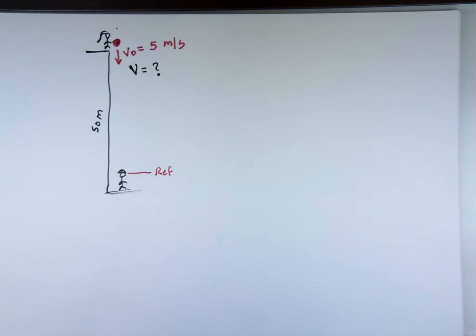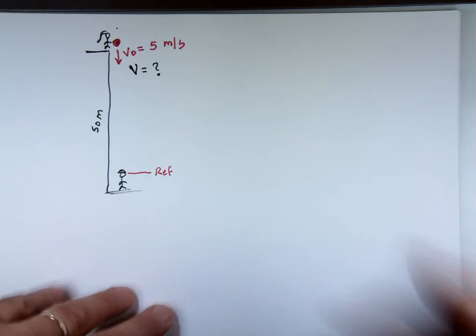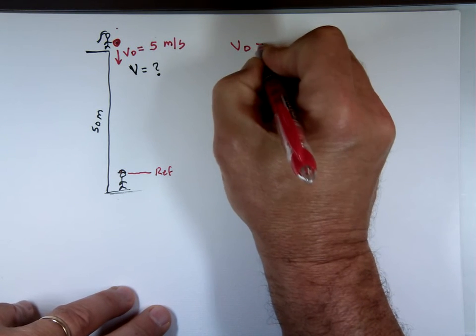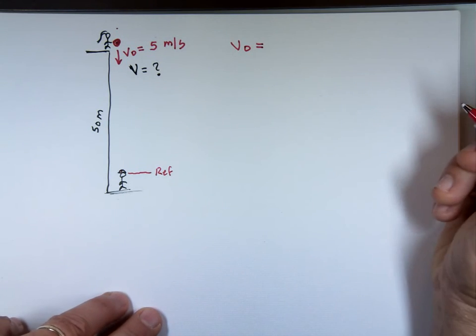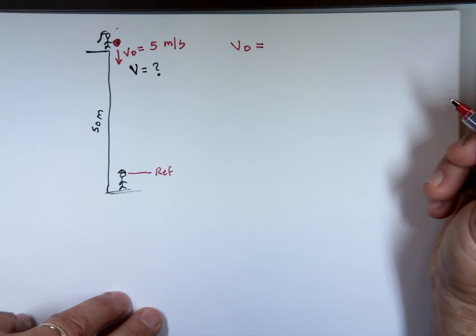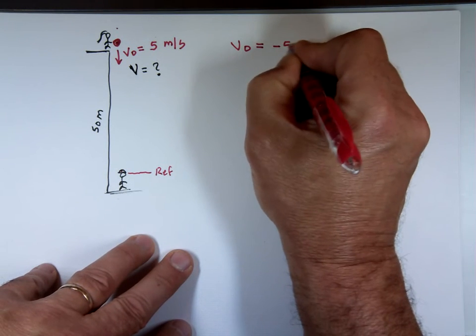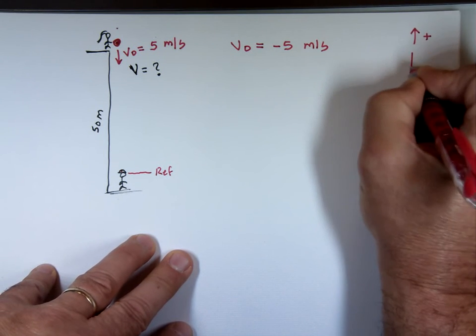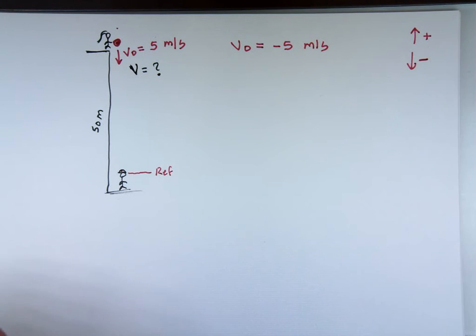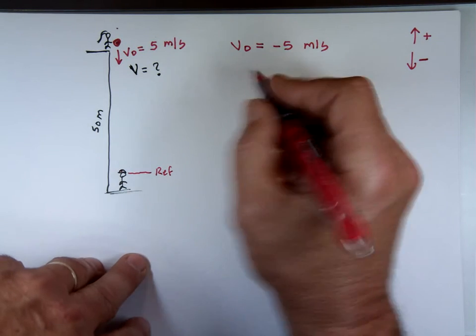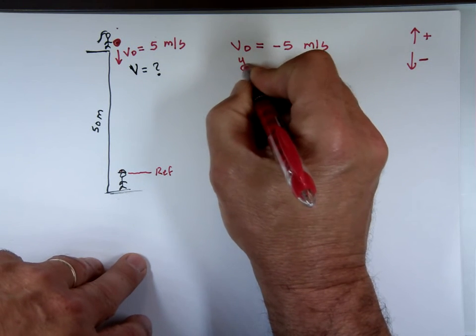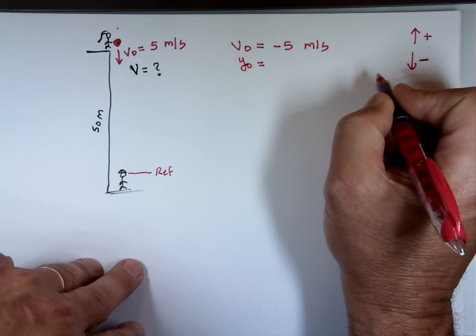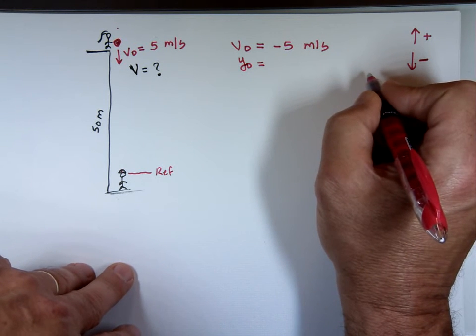his head, if I use that as reference, then I know the initial velocity is what? Try again. Almost. Negative 5. Remember, we're using up is positive, down is negative. What was the initial height of the water balloon? 50 meters, good.